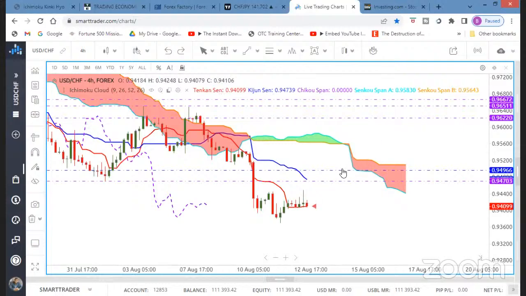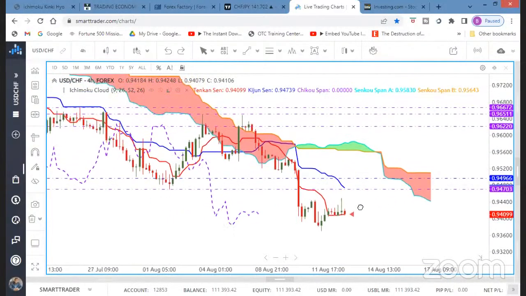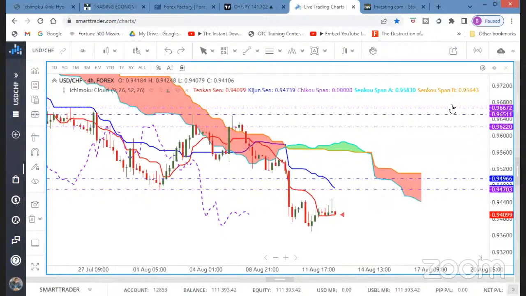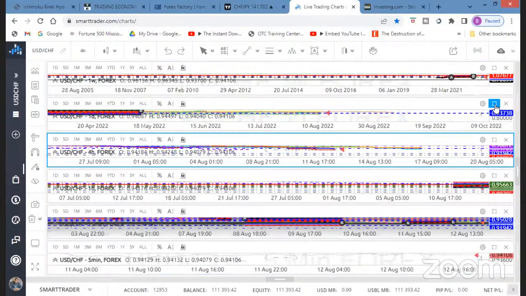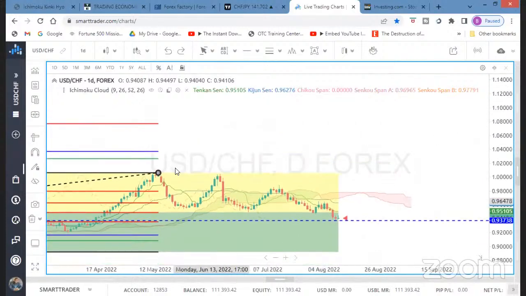This is where it all comes together and you start to see your cloud change over 26 candles ahead. You get your crossover, you get your Chikou span pushing up beyond price. Okay, at that point. So different ways that you can play it. But we know from a daily perspective, if we get long off this level, we've got a long way to go.